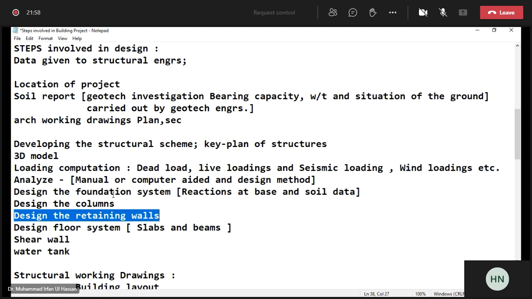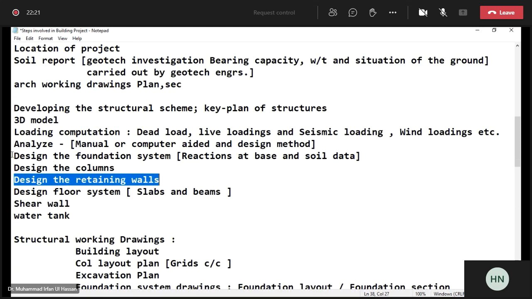So then comes the floor system, slab and beam design. Every floor may have the same plan or different plans, so you design the slab system, beams there, and shear wall design, water tank design, generator slab design, flooring design. All these elements, lintel designs are carried out for the project, and then the detailed drawings are provided.